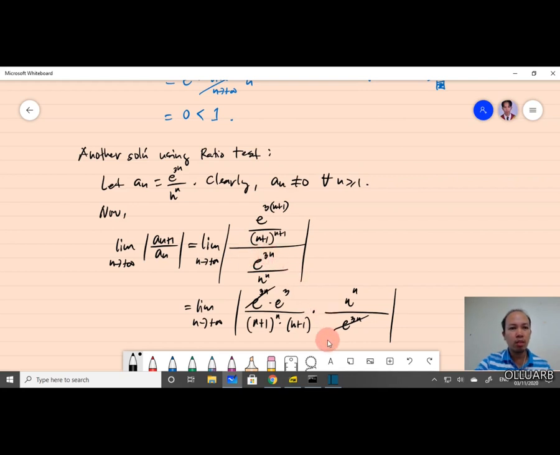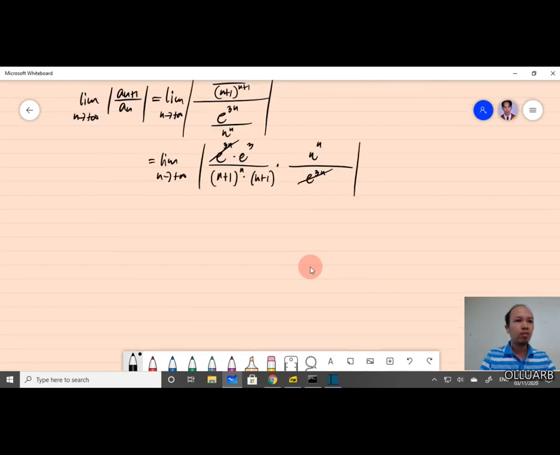Okay, we have e cubed times n to the n over n plus 1 to the n times 1 over n plus 1, as n approaches positive infinity.